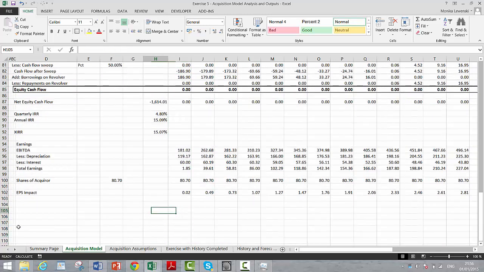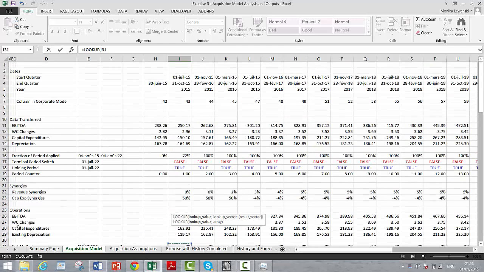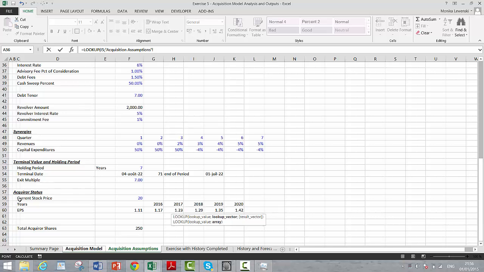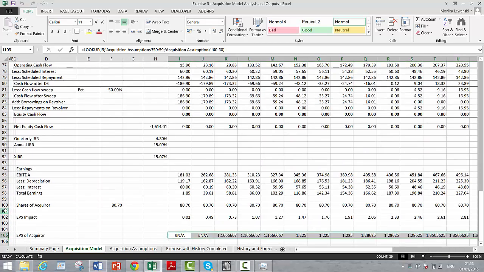So if we wanted to make our consolidation analysis, we could put EPS of acquired. Why don't we just make a lookup? Okay, and let's look up this year. And once we look up this year, click on the year just like we always do, and this time click on the EPS. We get an NA in the first year, that doesn't matter.